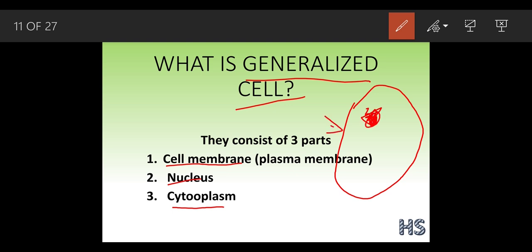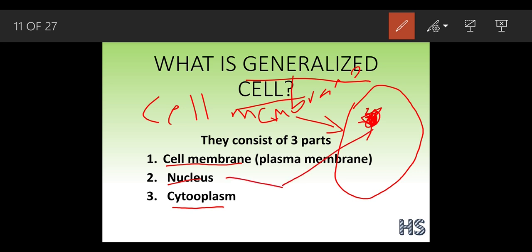The outer part is called the cell membrane. This part is called the nucleus, and the cytoplasm is this region which is present inside the cell membrane. This whole empty space is called the cytoplasm.